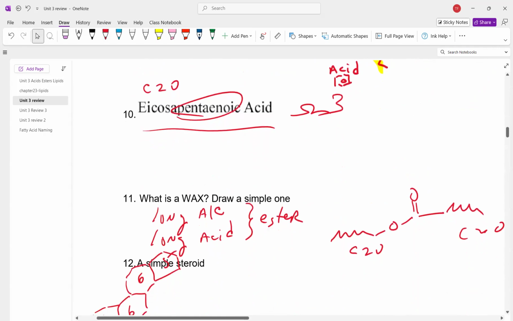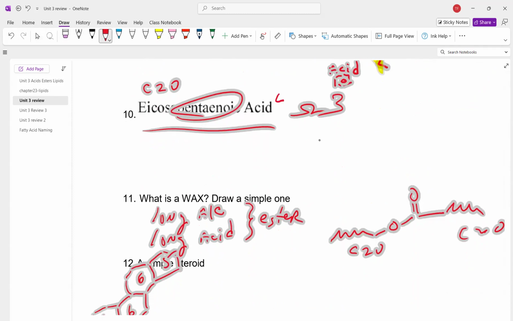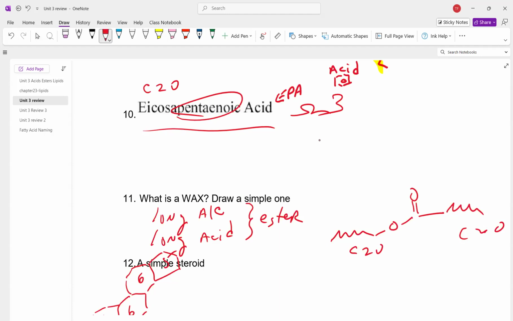Okay, so back to this eicosapentaenoic acid, EPA. It's 20 carbons long with 5 double bonds.